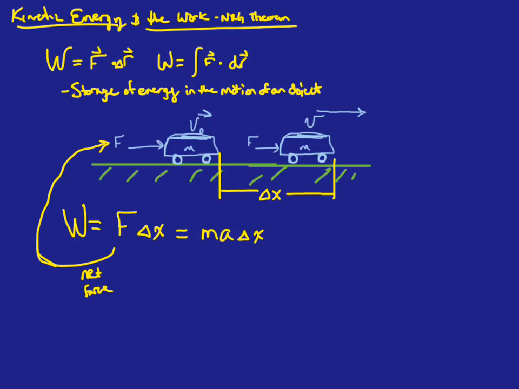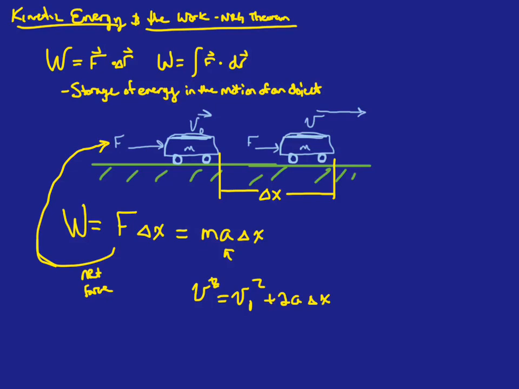Okay, so you may remember, we're going to plug in for the acceleration a different version of it. We're going to take our kinematic equation, v squared equals v naught squared plus 2a delta x. And you guys might see where this is going here. We're going to solve this for our acceleration.